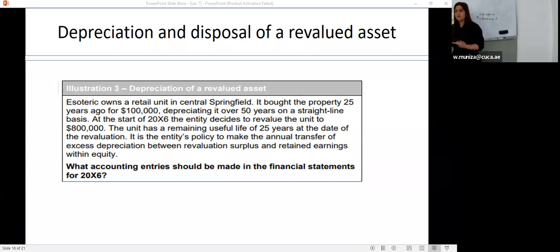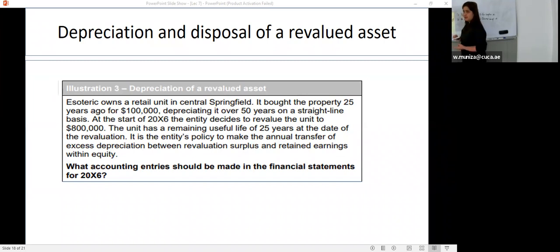That is why 25 years remaining life is present. Total life was 50 years. At the time of revaluation, 25 years are remaining. So we have to take the depreciation for 25 years. So accumulated depreciation will be how much? How much will it be?